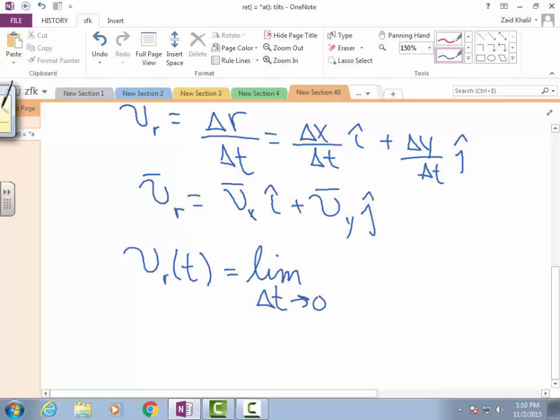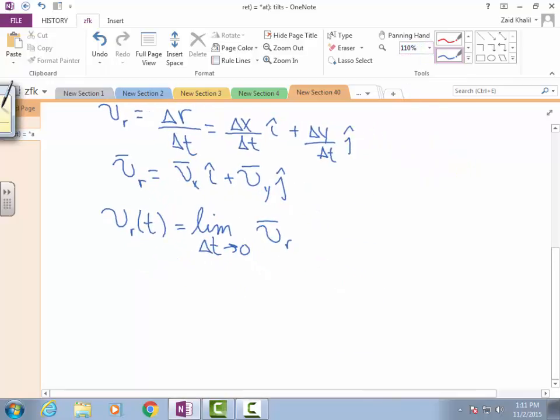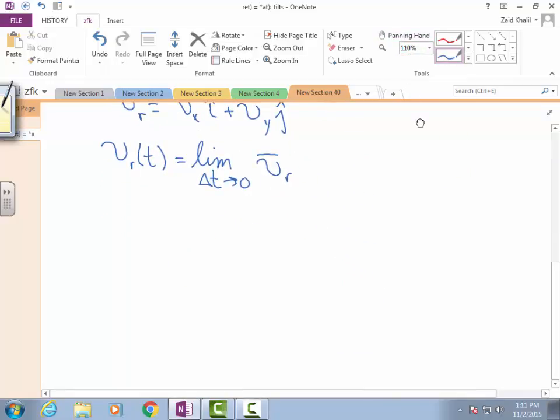It's the limit as delta t goes to 0 of the average.